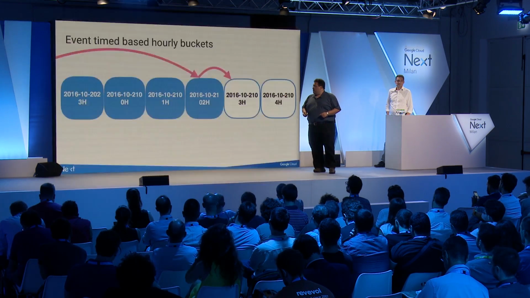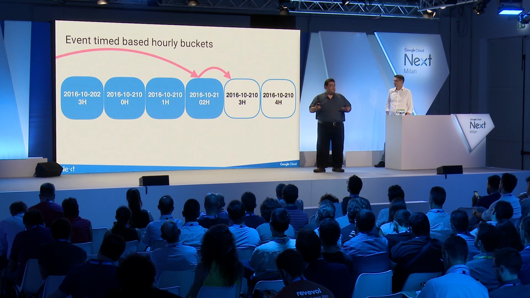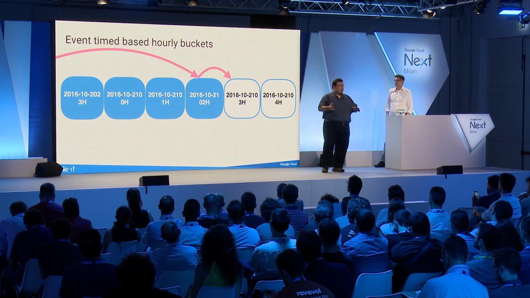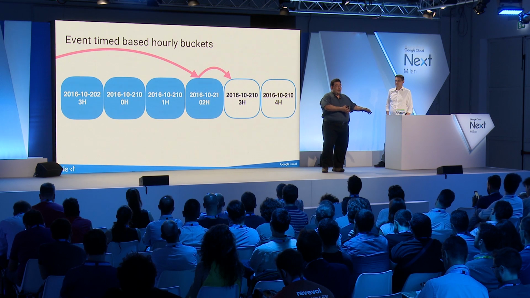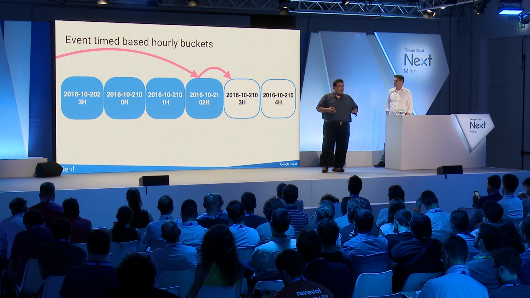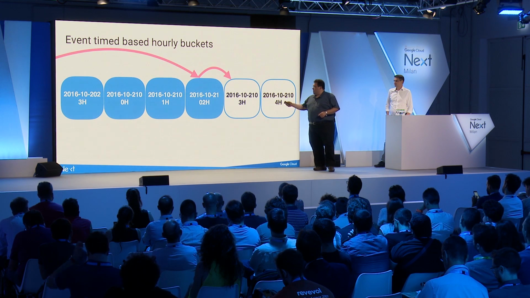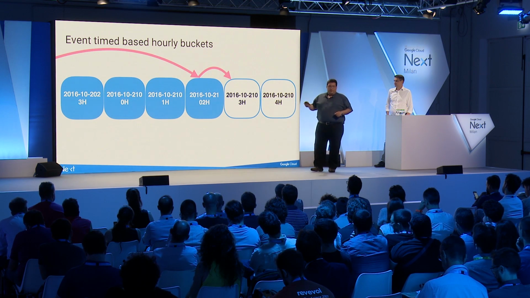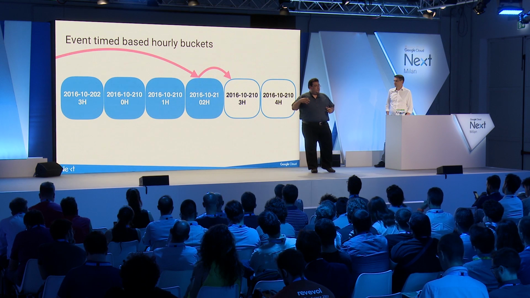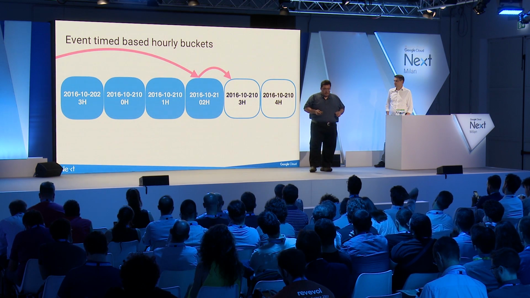So what we do is, this hour is already closed, but we move these few events that arrive late to the next hour that is still open. Our downstream users are aware of this, so they know that, for example, hour 3 could potentially contain events from hour 2.